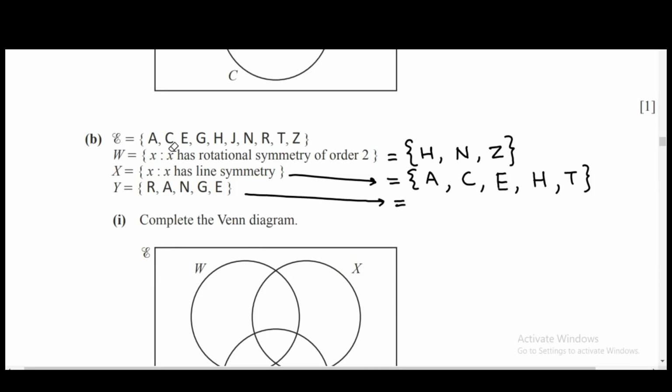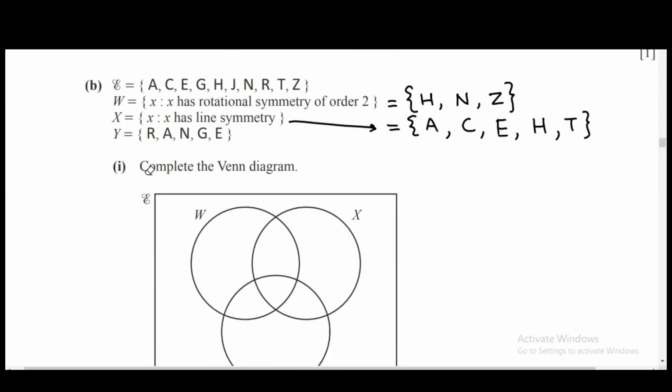Now, before starting this part, we have to list all the sets here. After listing, read question number one. This is part one. Complete the Venn diagram. The first step is we should know all the regions.